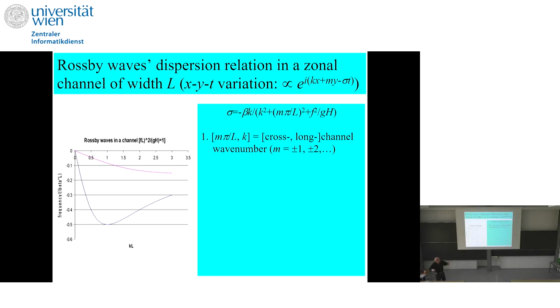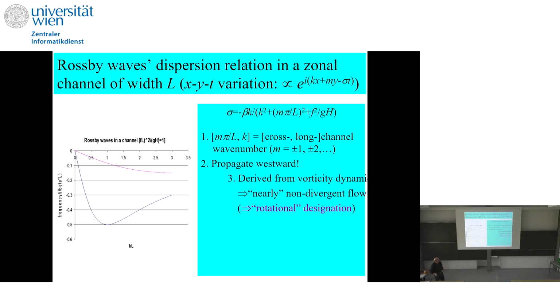And in the meridional direction, the wave number, of course, is quantized, as you can expect in an eigenvalue problem that has two boundary conditions. Like in a very simple eigenvalue problem, you have discrete modes. They only propagate westward, and they are derived from vorticity.